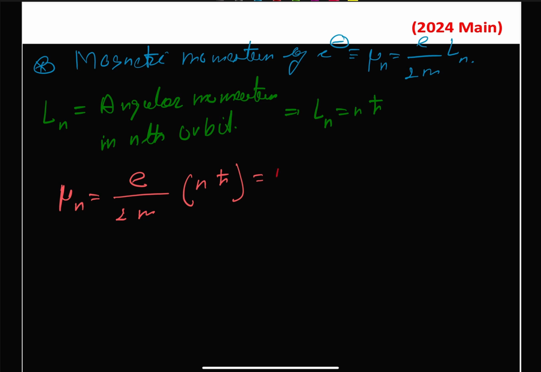We can write this as n times E h quantized divided by 2m. So this value is our constant value. Therefore, we can write from here that mu of n is directly proportional to n.